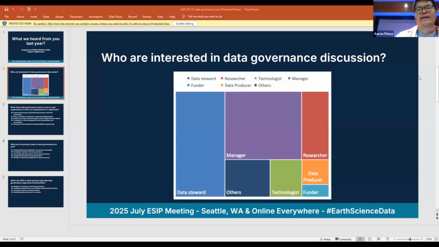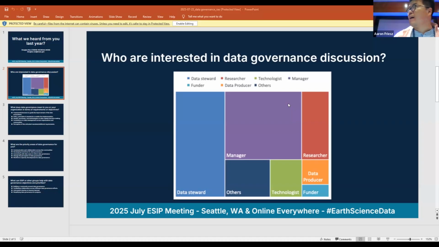And so in the last survey, for the session at the ESA meeting, a lot of people who have a role in data stewardship and management were really interested in the conversation and discussion about data governance. But at the same time, we also have people who are producing data and who are using data who are curious and interested in the discussion around data governance.